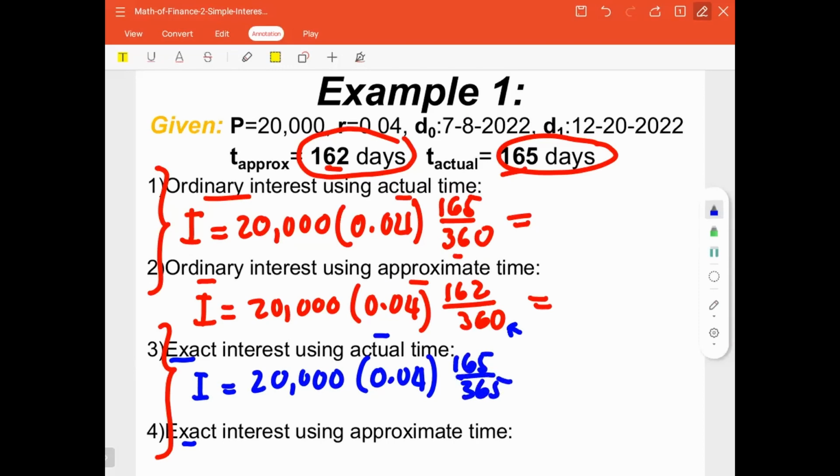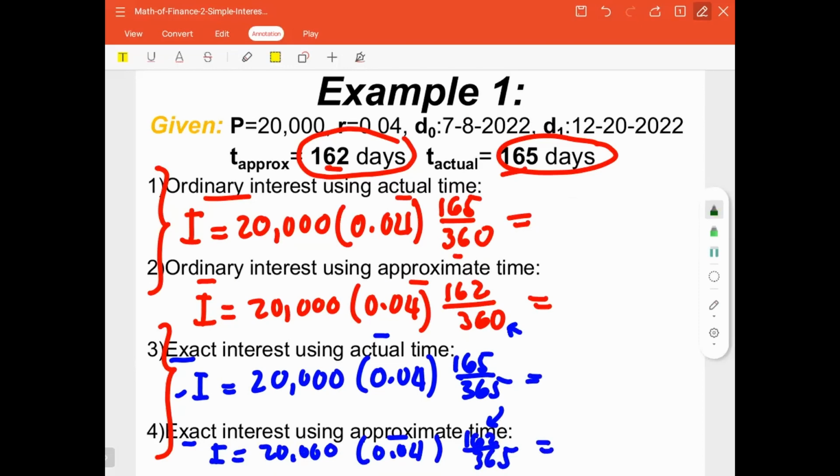For the number 4 method, it's the same but we'll make use of the approximate time. So this will now become 20,000 pesos times 0.04 times the approximate time, 162 all over 365.